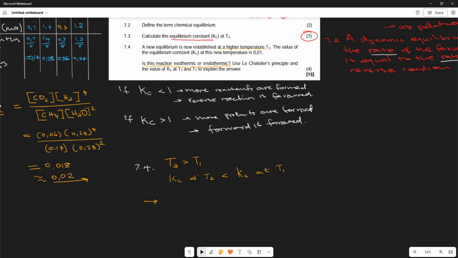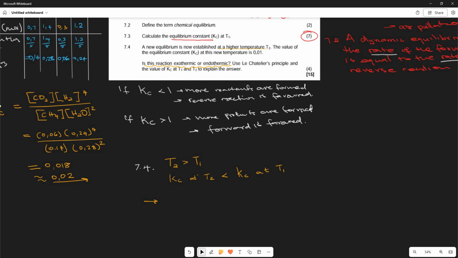Okay, for us to be able to respond to that, I just indicated to you that the Kc value at T2 is lower than that at T1. And we just mentioned that when the Kc value is less than 1, it favors the reverse reaction.